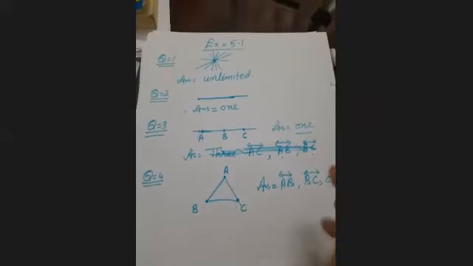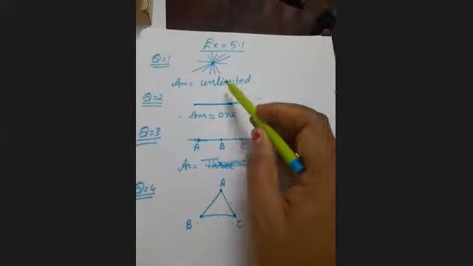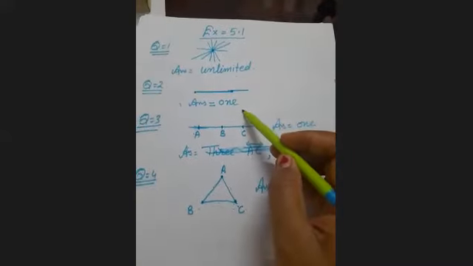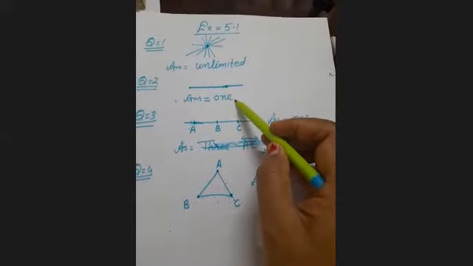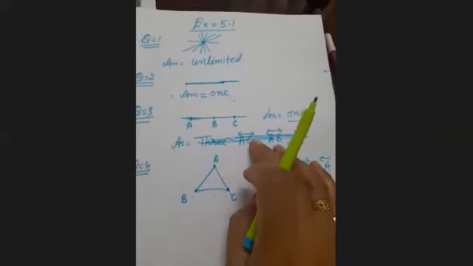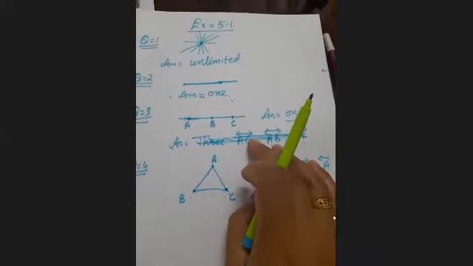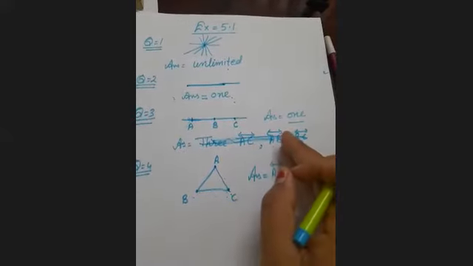Clear, students? Your first question is, how many lines can be drawn through a given point? Your answer is unlimited. Second question, how many lines can be drawn through 2 different given points? Your answer is only 1. And third question is, how many lines can be drawn through 3 collinear points? 3 collinear means the points which lie on the same line.